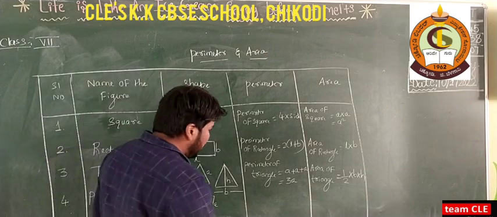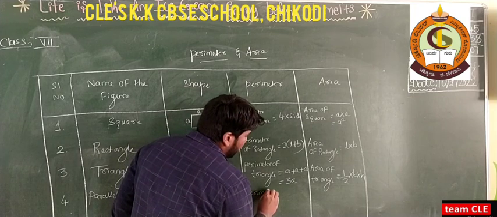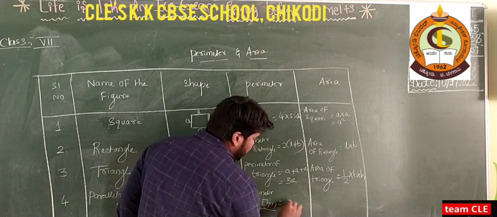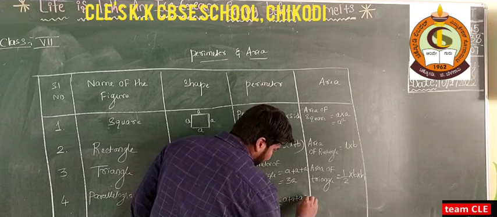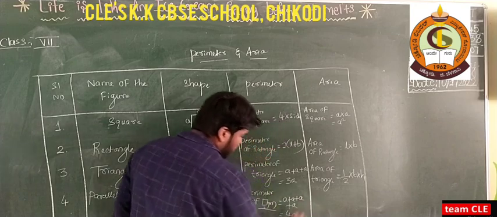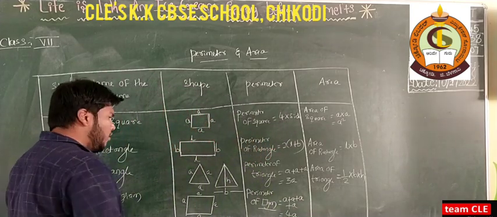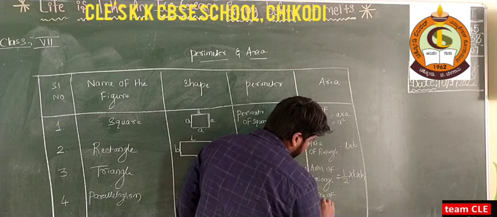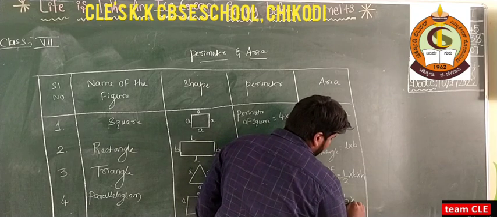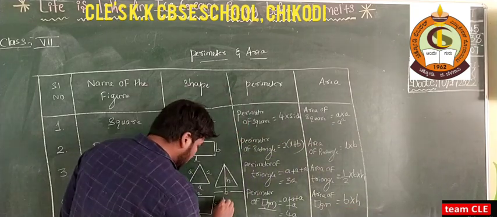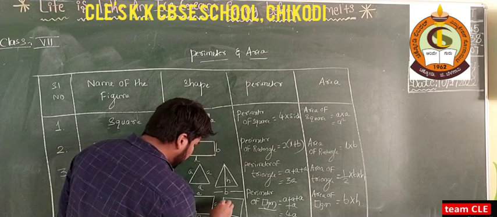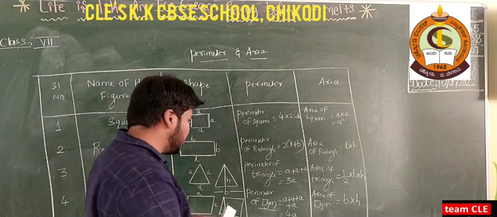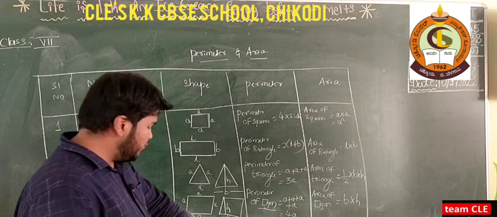Perimeter of parallelogram is the sum of four sides, A plus A plus A plus A, which equals 4A.